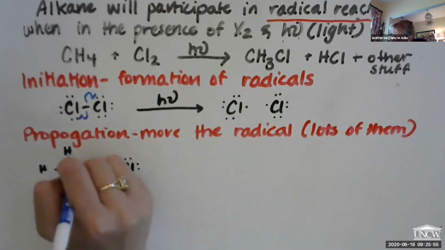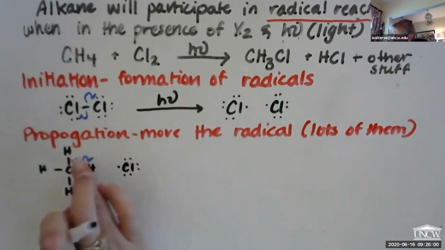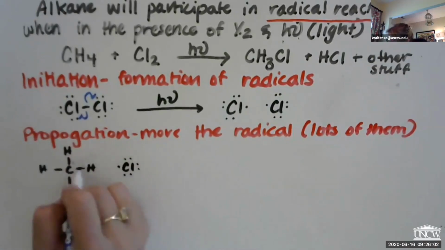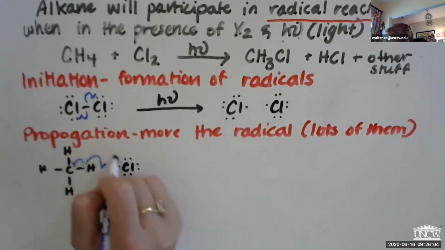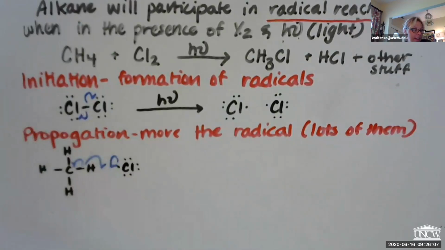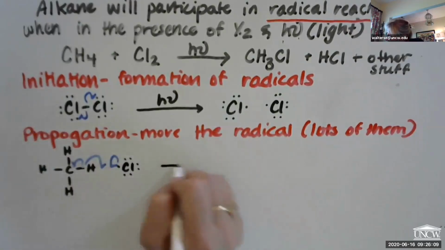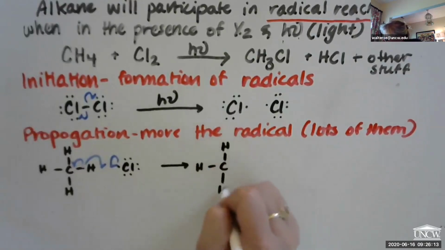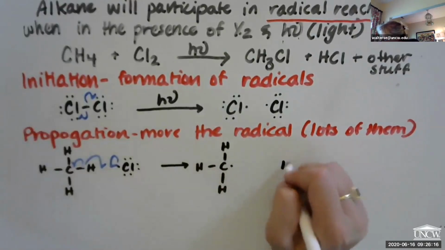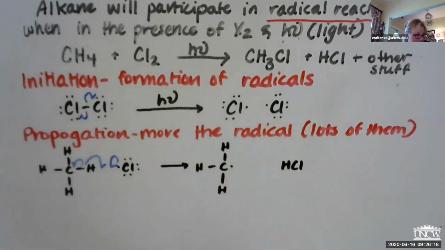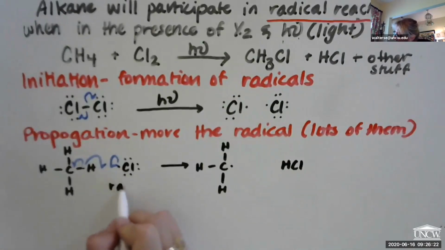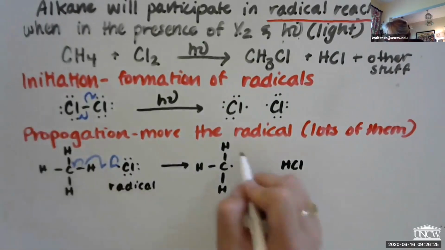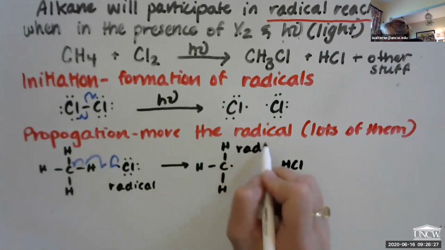This bond will homolytically cleave, and you're going to end up with a methyl radical and HCl. So you've moved the radical from the chlorine to the methane.